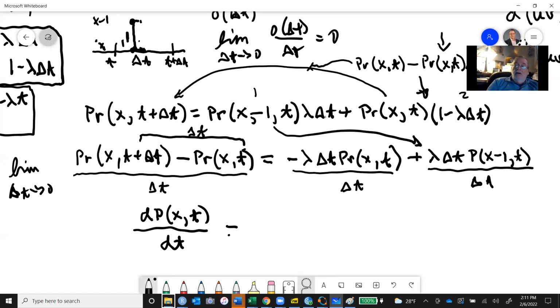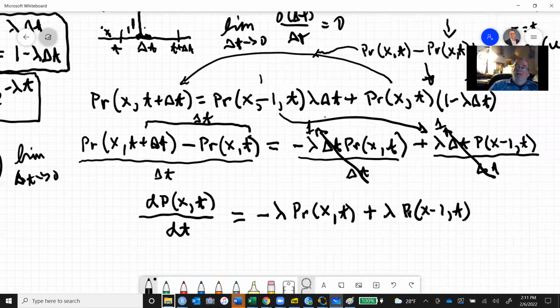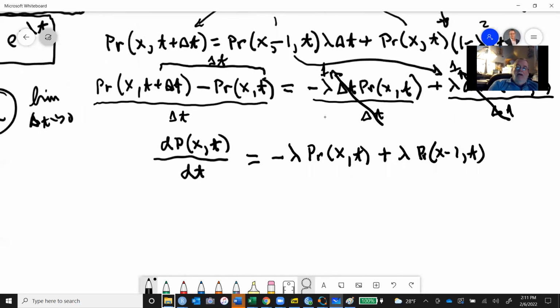Okay, this is going to be equal to, now notice, very conveniently, those little differences go out. 1 divided by the other is equal to 1. Anything times 1 is itself. Okay, we have minus lambda P of x, t plus lambda P of x minus 1, t. And finally, we get the pièce de résistance.